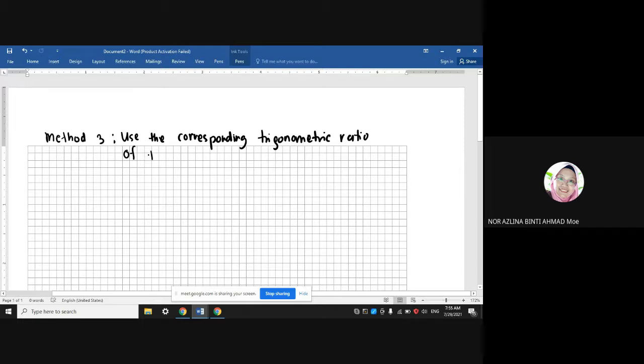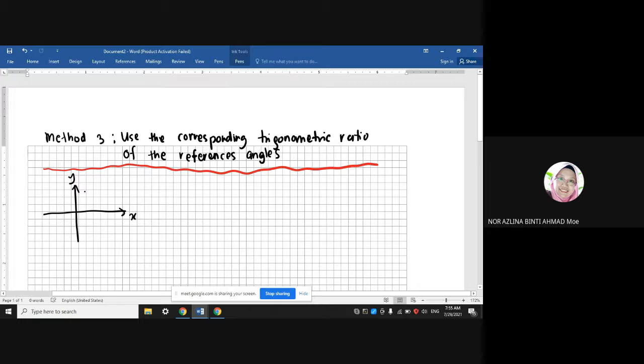Okay, yang ini you kena tahu apa itu reference angle. Okay, reference angle adalah angle antara line dengan x-axis. Reference angle adalah angle antara line dengan x-axis.